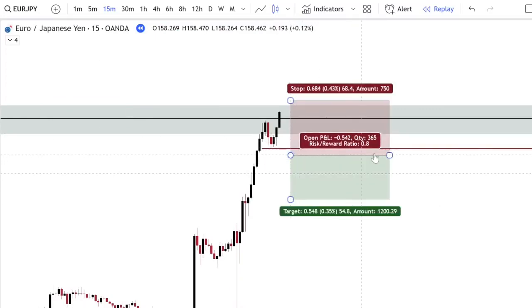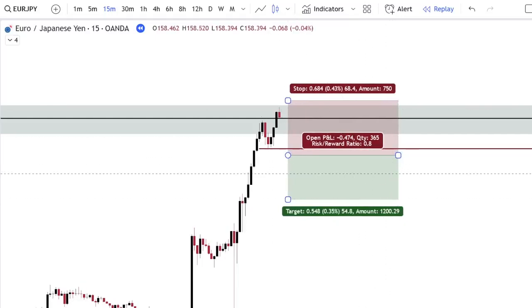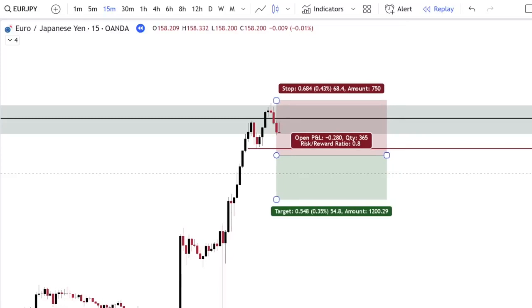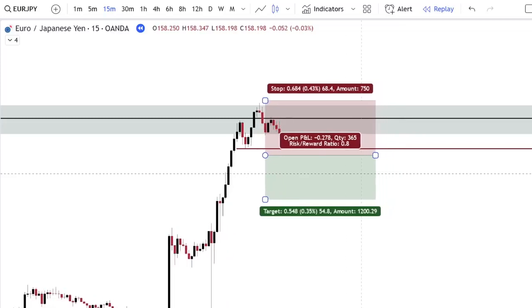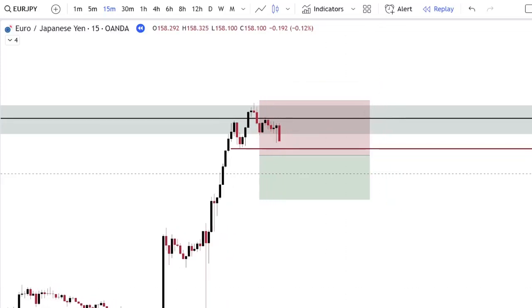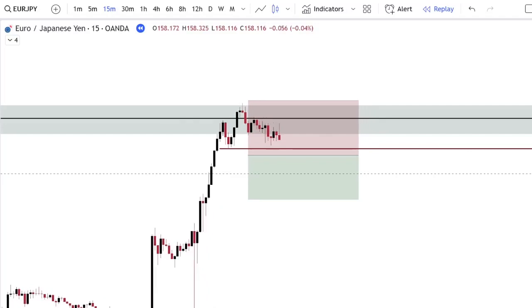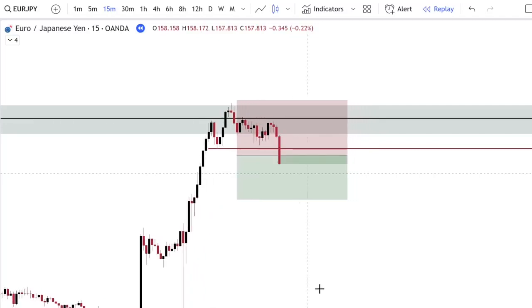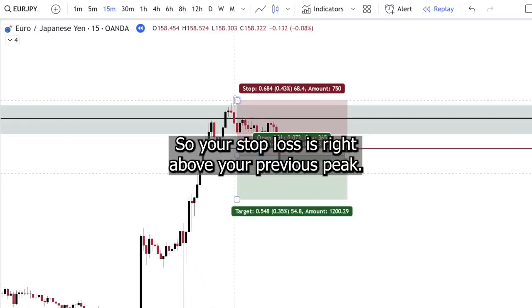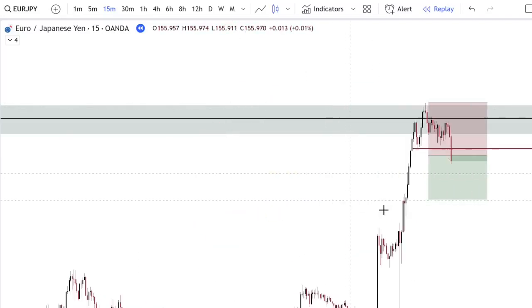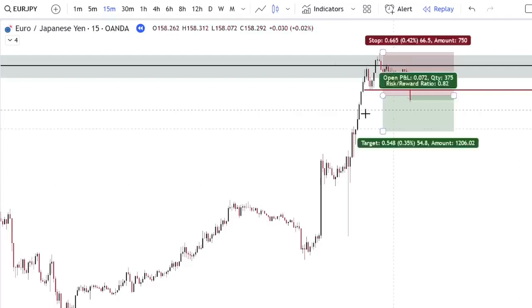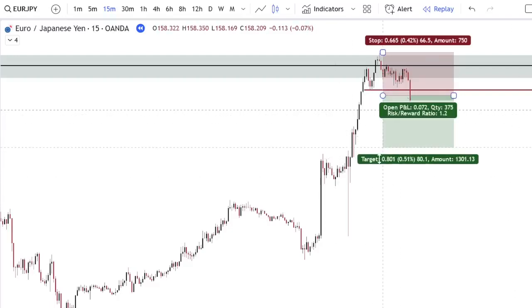Once price breaks below this level, we're taking this entry. And now you're in. So your stop loss is right above your previous peak. And let's take a look at our stop loss. Our stop loss would be our macro structure, which would be here.